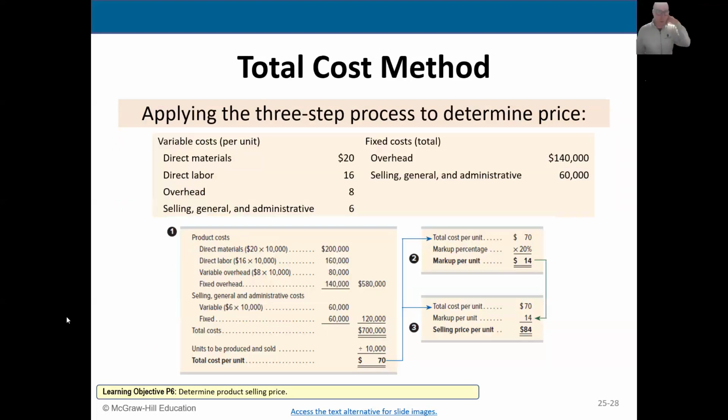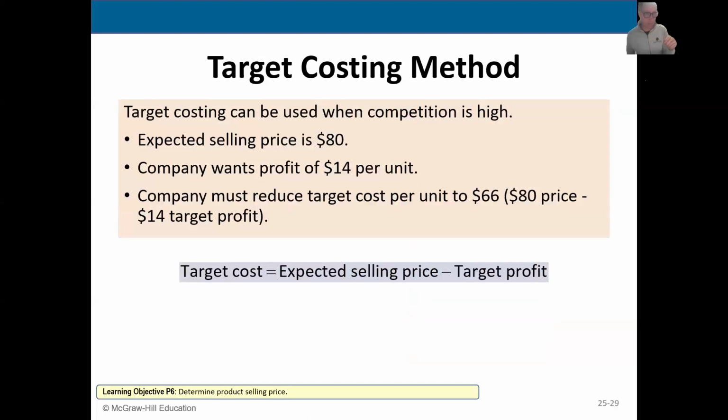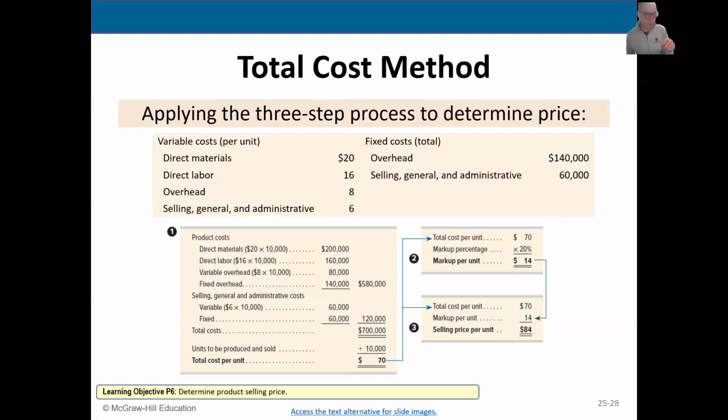Another method is called the total cost method. Another three-step process. Step one is the total cost per unit. We have to find the total cost per unit.